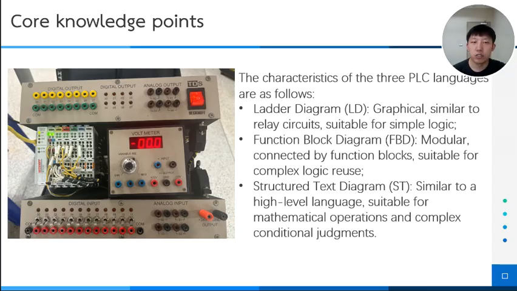Second, function block diagram (FBD). It uses small modules to build logic. It's easy to see and works well. Third, structured text. It's like a high-level language. It's good for complex logic and calculations.